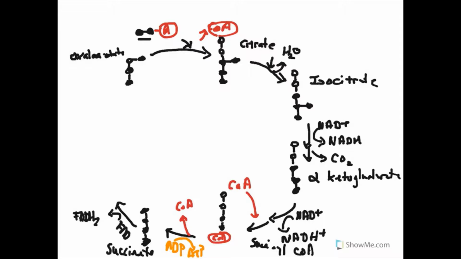And then we're going to have a 4 carbon substance called fumarate. Now, I'm going to write fumarate inside here. This fumarate molecule, as it comes around, we are going to add water to, which means some hydrolysis can happen.